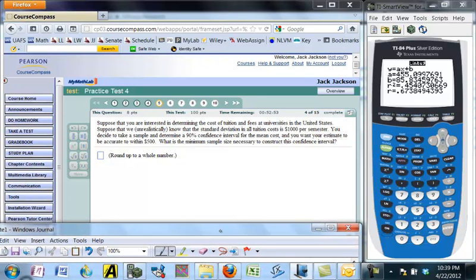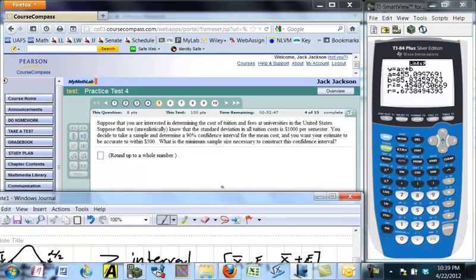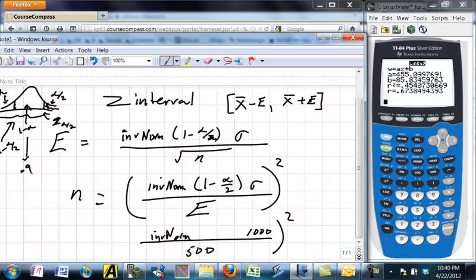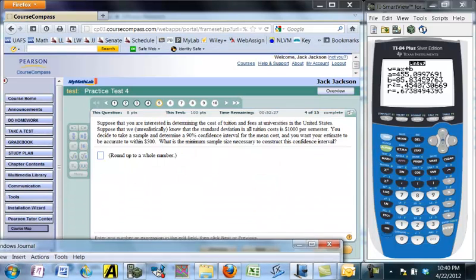Okay, we know sigma is 1,000. 500 is our error. Sigma is 1,000. And this is an inverse norm. The 1 minus alpha over 2 is 0.9, I believe, in this case, wasn't it? 90%?